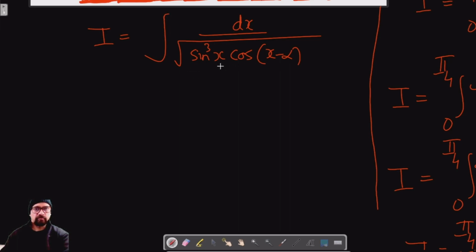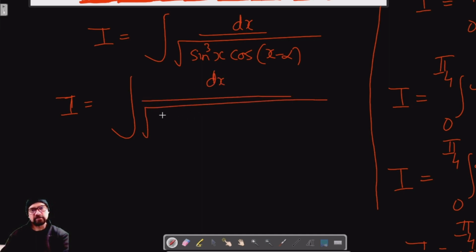In this root, we are going to multiply and divide by sine x, all within the root. So multiply and divide by sine x.